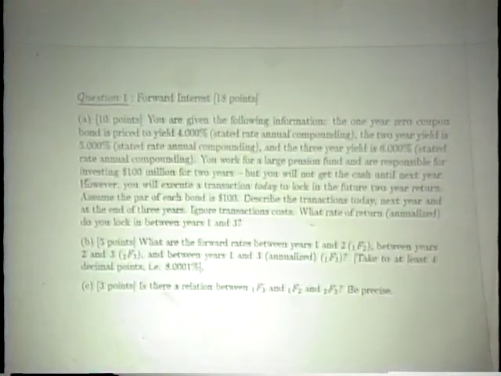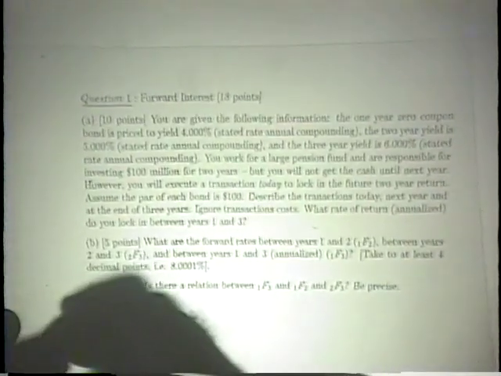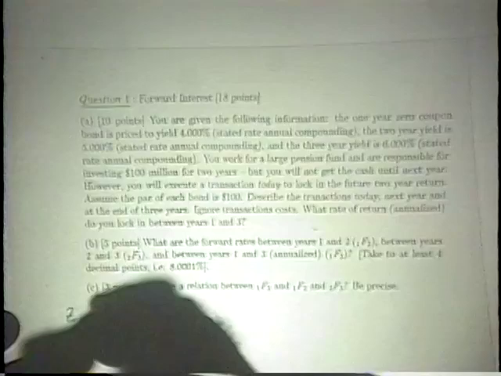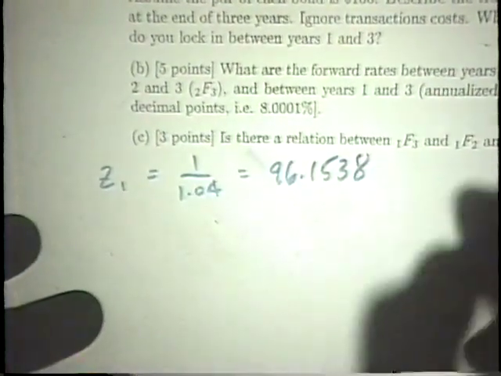That's question A. So the first thing that we do is calculate the prices of the zero coupon bonds. Z1 is going to be 1 divided by 1.04, which is 96.1538. I carry 4 decimals of precision.